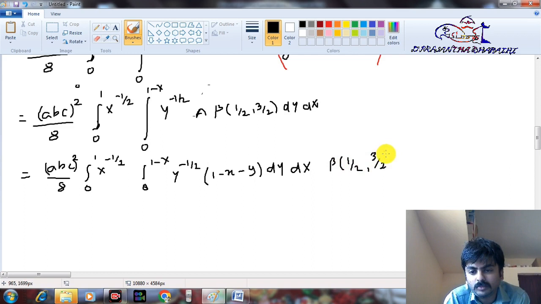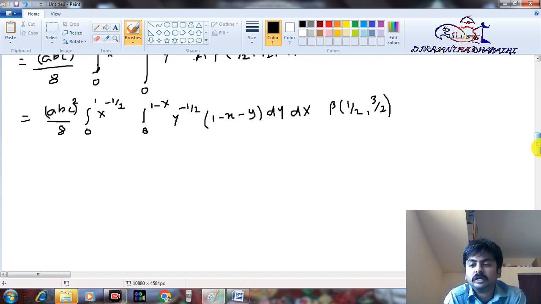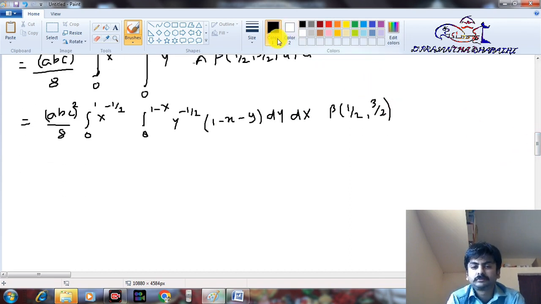Now I want to put this 1 minus x as another constant, that is I am taking this as capital B equal to 1 minus x.